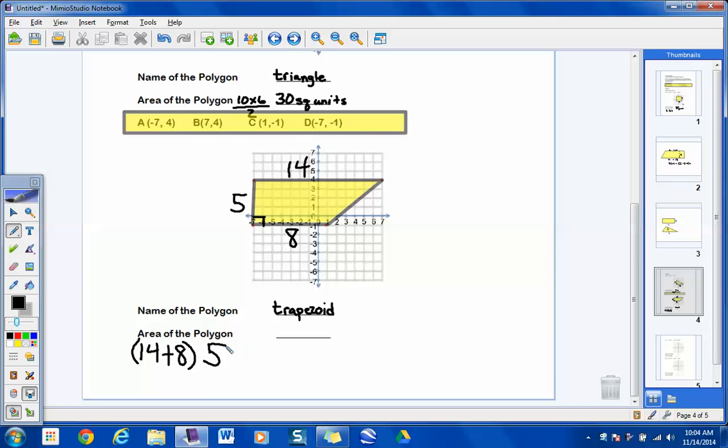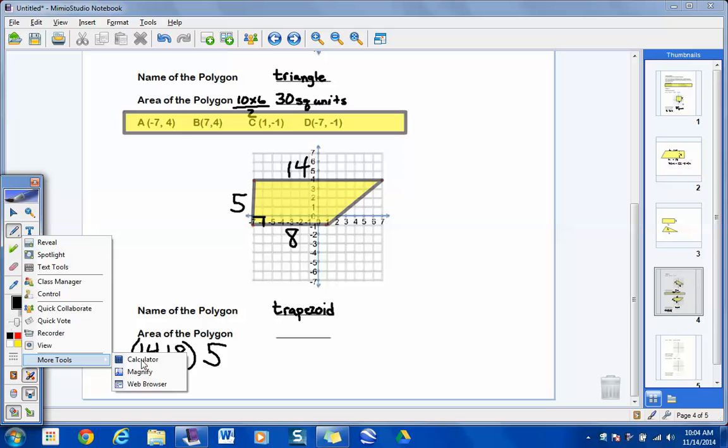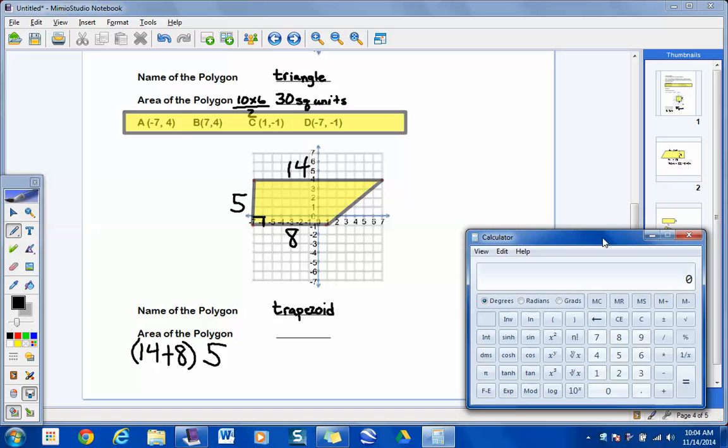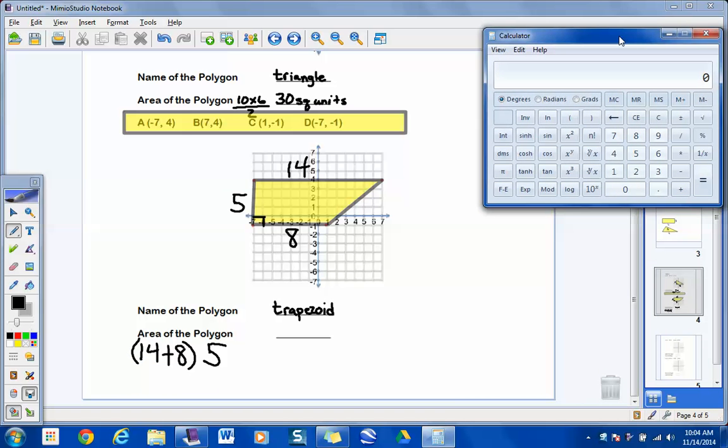22 times 5. So let me pull this up here quickly. Right up here, I'm going to do 22 times 5, right? It's 110, right? Okay. As it's a trapezoid, then what's your job in the final part? Divide by 2.